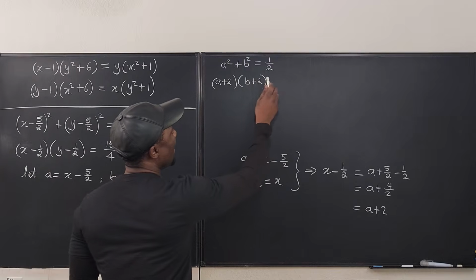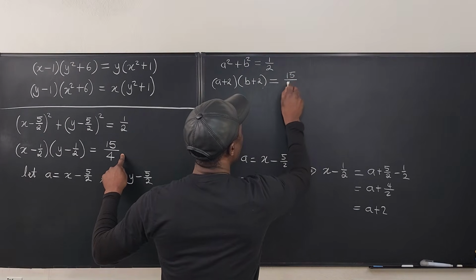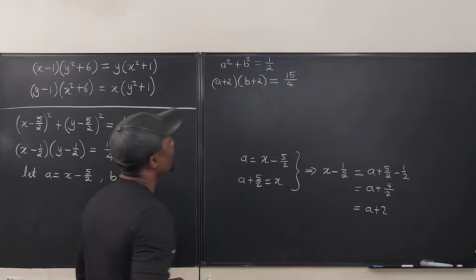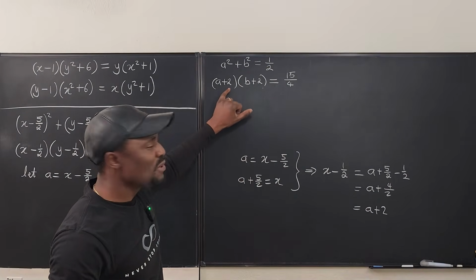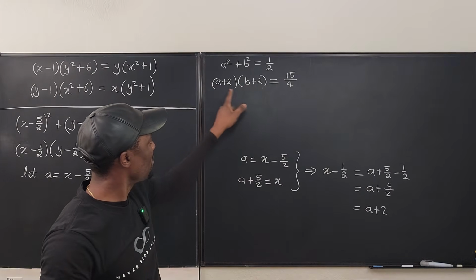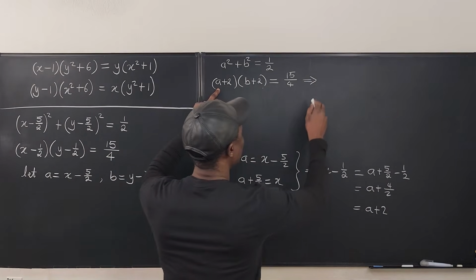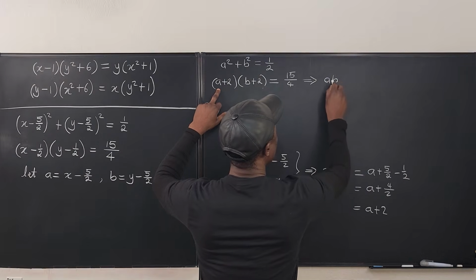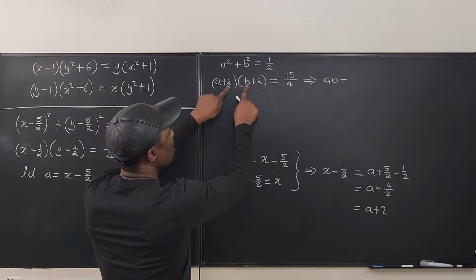Okay, and our answer on the right is going to be 15 over 4. Okay, now it's looking a lot easier. We can actually rewrite this expression here. If we multiply this out, see what it's going to give us. We're going to end up with ab plus 2a plus 2b plus 4.